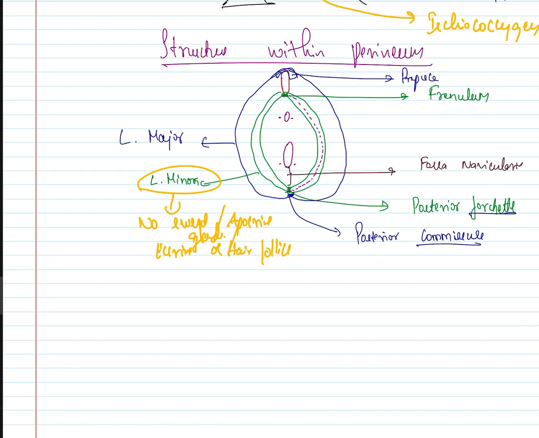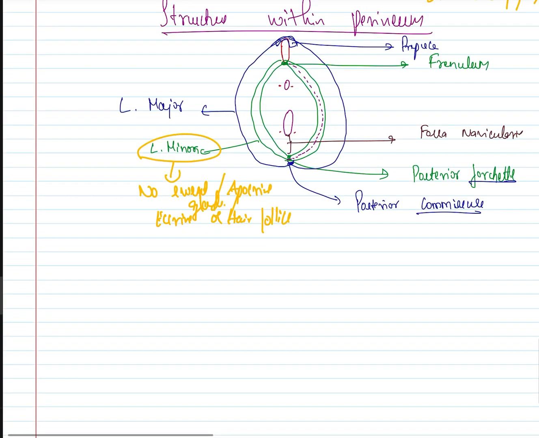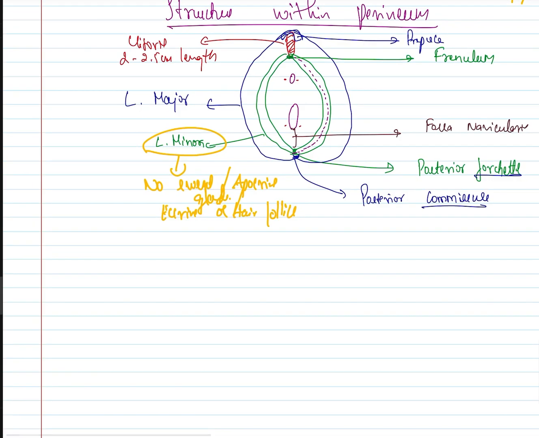Understood? So I was just telling you about the clitoris. This is around 2 to 2.5 centimeters in length. So when do we say there is clitoromegaly? When this is more than 4 centimeters, then we say it is clitoromegaly.